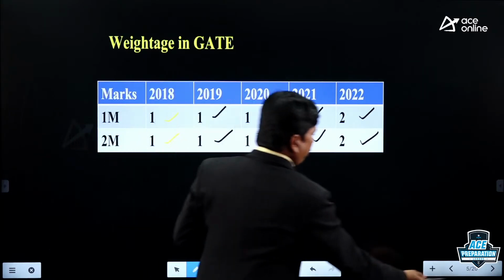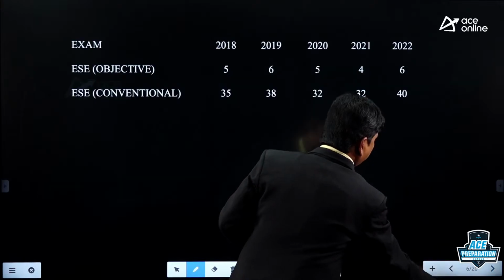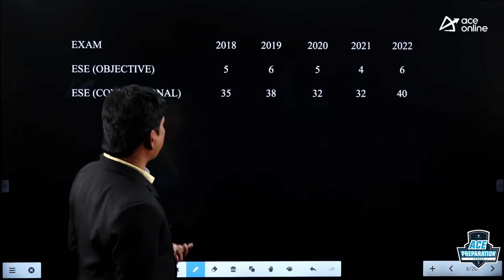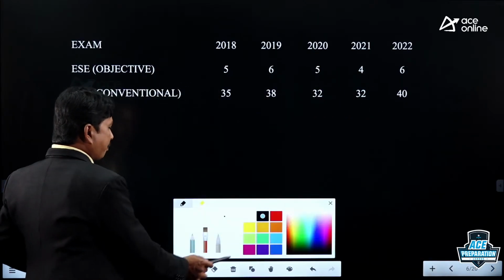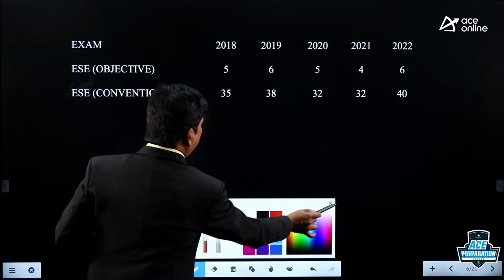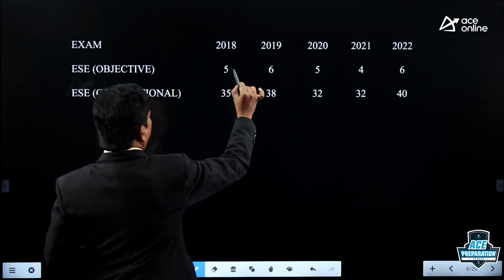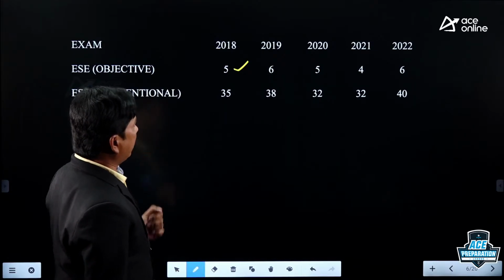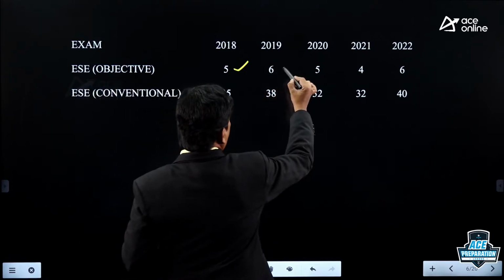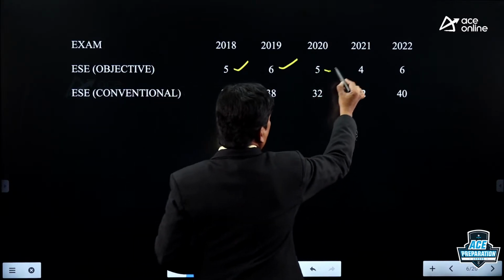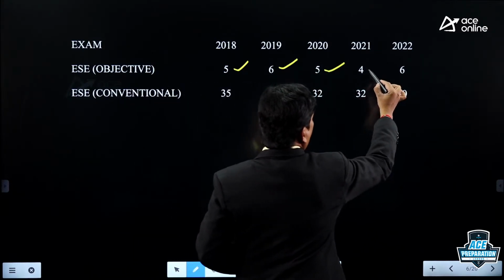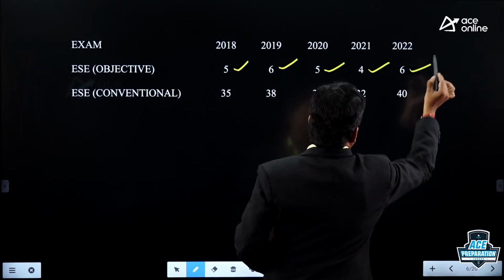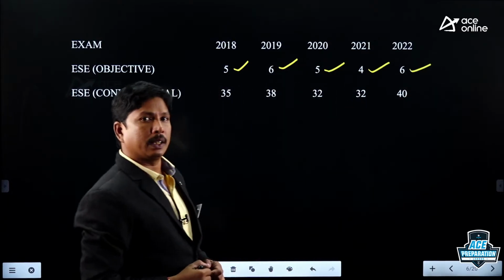And coming to the weightage and number of questions in engineering services, they ask a minimum of 5 questions in 2018, and we got 6 in 2019, 5 in 2020, 4 in 2021, and 6 in 2022.